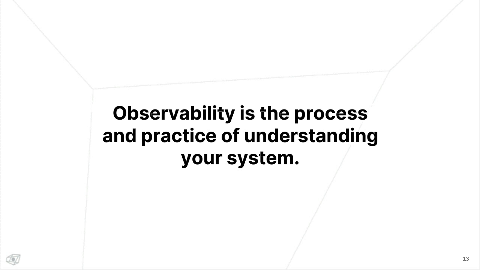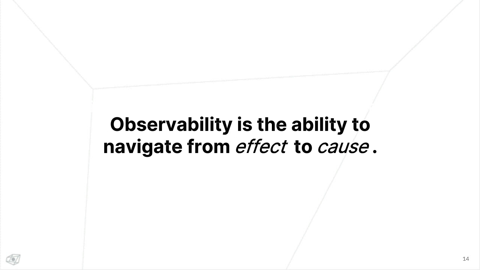And maybe, more concretely, how do you know if you have observability? Well, if you do, then it's easy to navigate from effect to cause, right? So it's not merely that you know that something is going wrong, but that you're able to quickly understand what the cause of that problem is, and then hopefully able to mitigate and address that in some way.